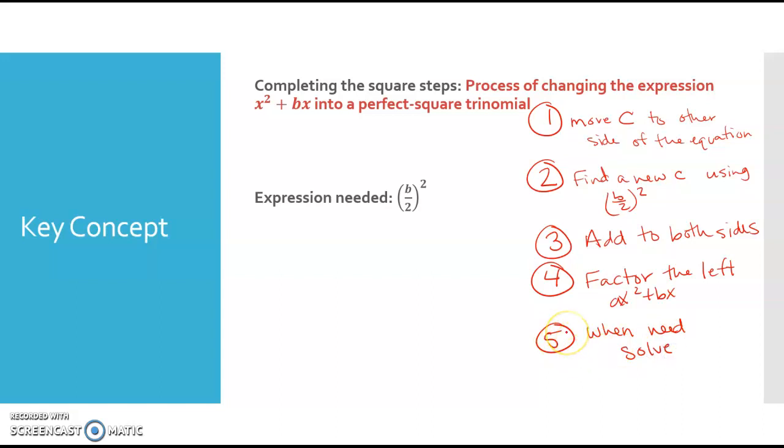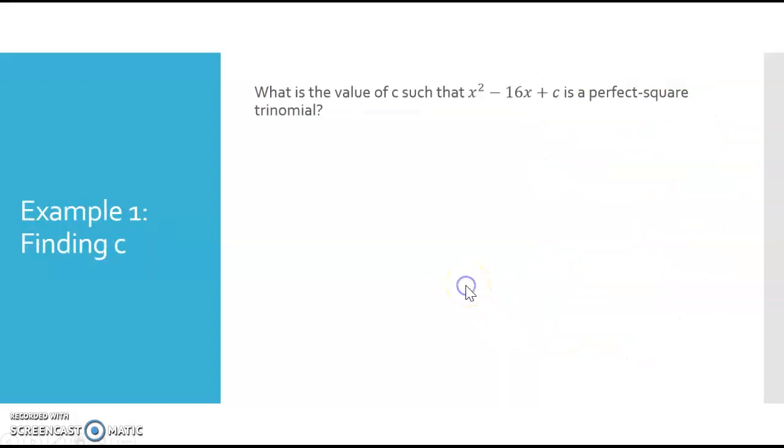So this is optional depending on what it's asking of you. So those are our 5 steps. We're not going to make this one equal to 0. It may give it to us equal to 0, but we've got to get it to where on one side we just have ax squared plus bx. We're going to find a new c. We're going to add that c to both sides. And then we're going to factor the left, which is the side with your ax squared plus bx. And then lastly, we would solve as needed.